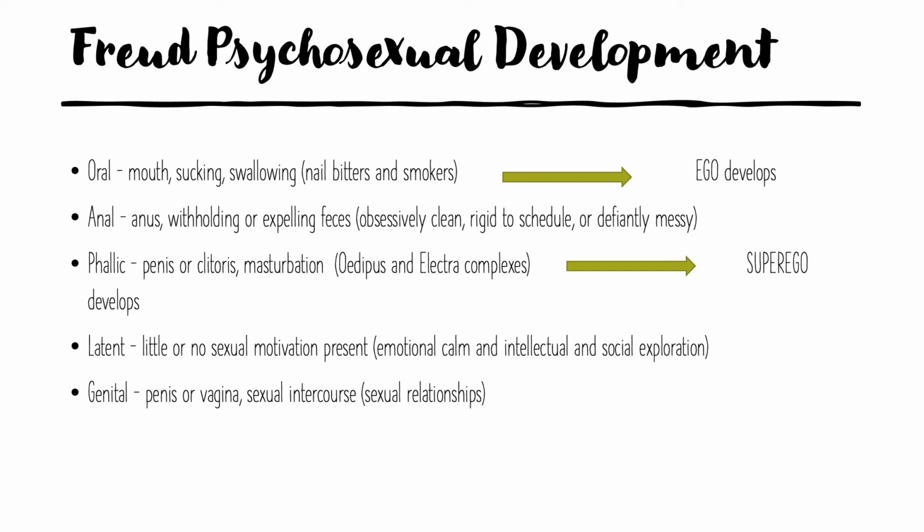The ego is a little more rational and will work to find ways to gratify the id. It begins to develop in the first year of life. By the time a child is 5 to 6 years old, the superego is developing.